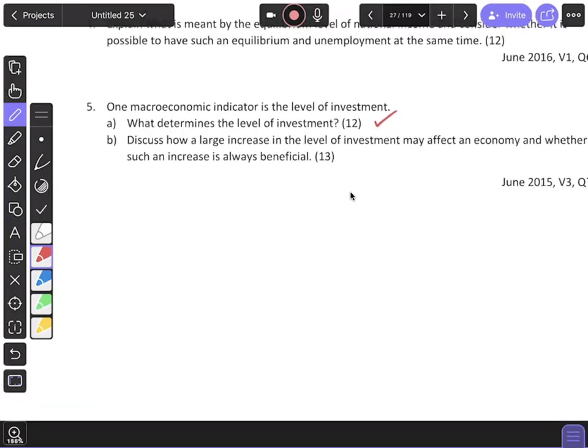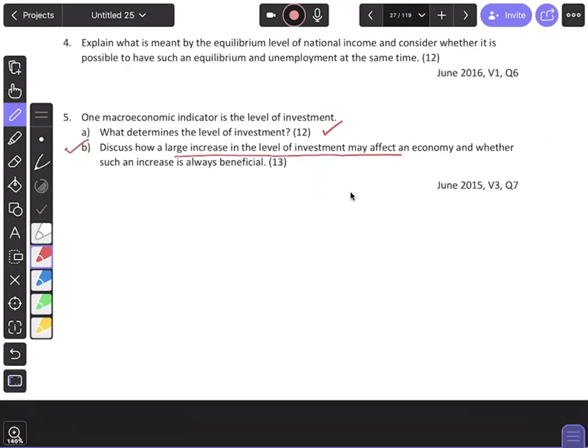This one, guys, is a B part. Discuss how a large increase in investment may affect an economy. Remember, I just did this right now. First part is that when investment goes up, your GDP goes up via the multiplier. Isn't that true? Yes, sir.